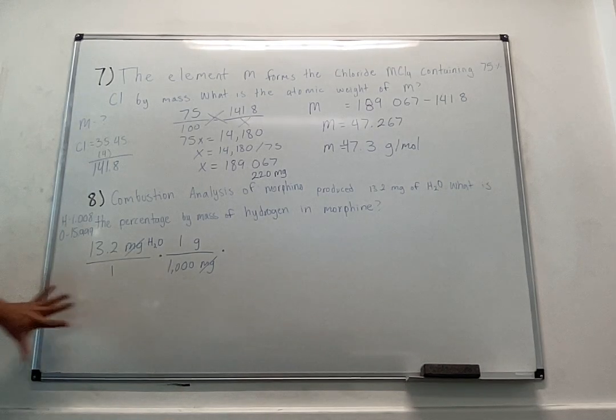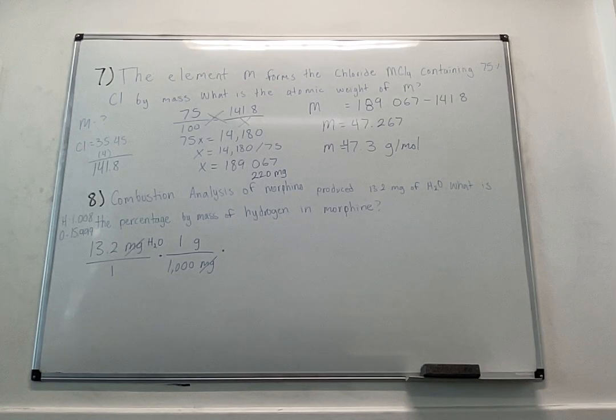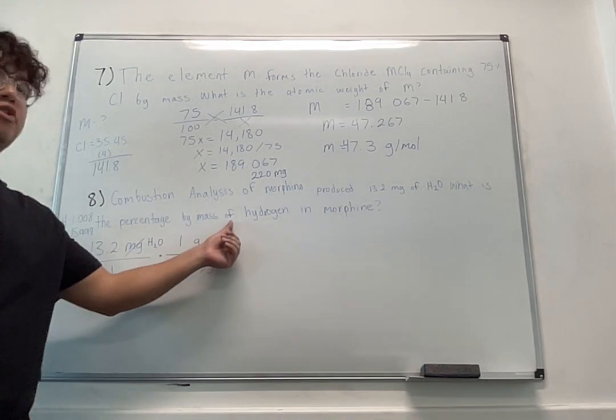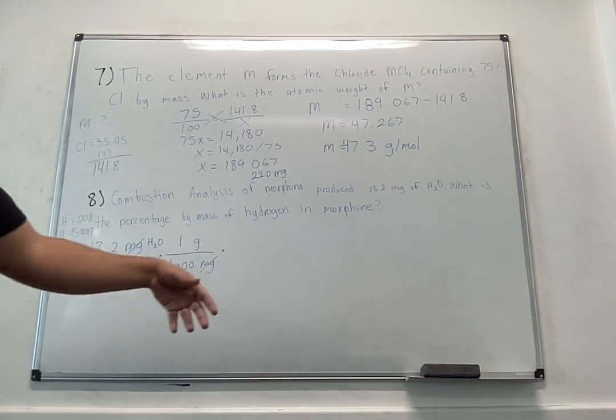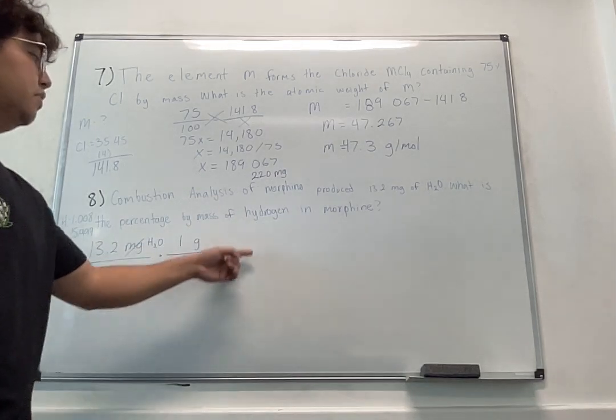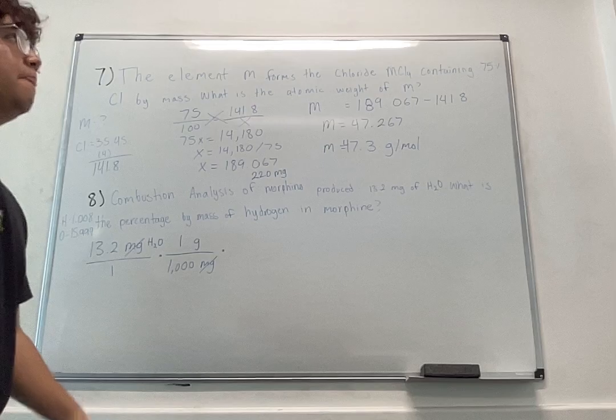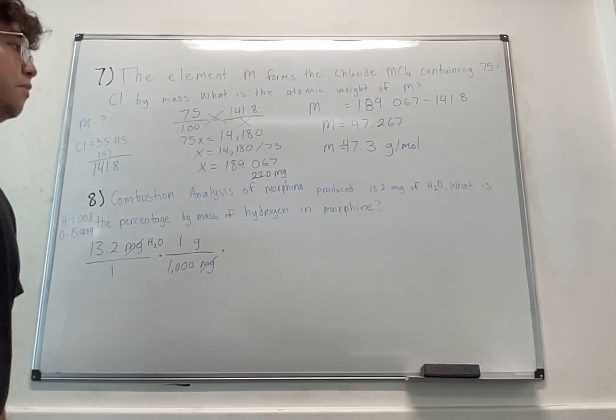Now, because we got a little bit of space over here, and there's another step, I'm going to try to do all of this in one big procedure. So we go from milligrams to grams, and now we can go from grams to moles, because we want to find the mass of hydrogen, but we can't just make a ratio with the weight of hydrogen and water.